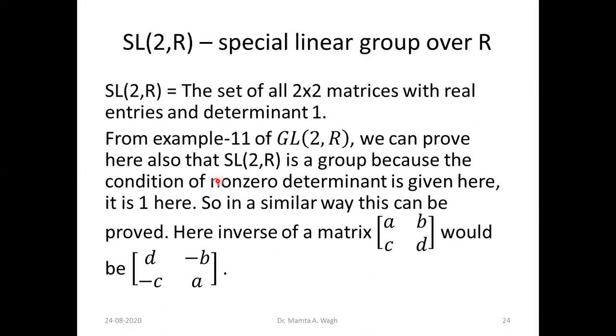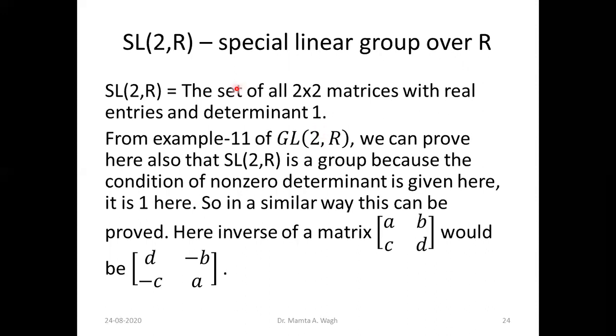This is an important example of the special linear group over R. R is the set of real numbers and it is denoted by SL2R. So what is SL2R? SL2R is the set of all 2 cross 2 matrices with real entries and determinant 1. We have already seen an example of the general linear group. In my previous lecture, I gave you an example of GL2R, where we had taken all the 2 cross 2 matrices with real entries and non-zero determinant.